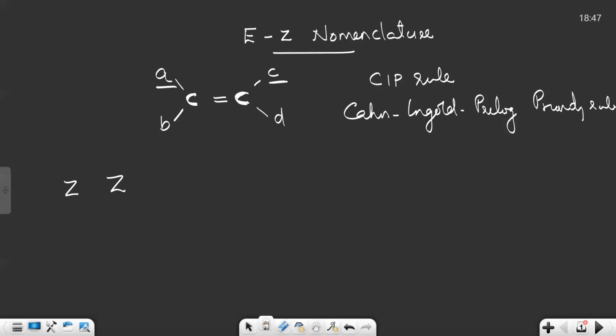Z stands for zusammen. It's a German word meaning together. Same side, we use this letter Z to indicate this particular isomer.